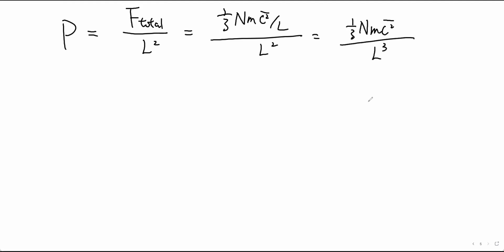This is for a cuboid, so L cubed is the volume of the container. Therefore we get PV equals 1/3 N m c squared average. So this is our final formula.